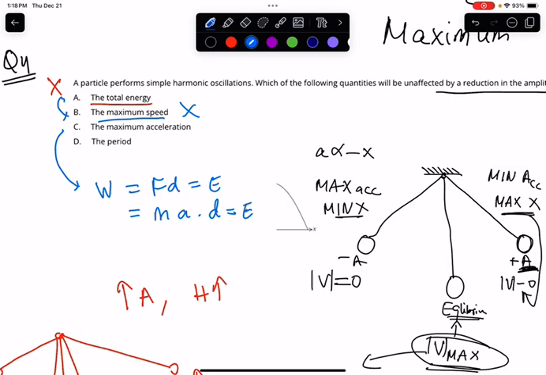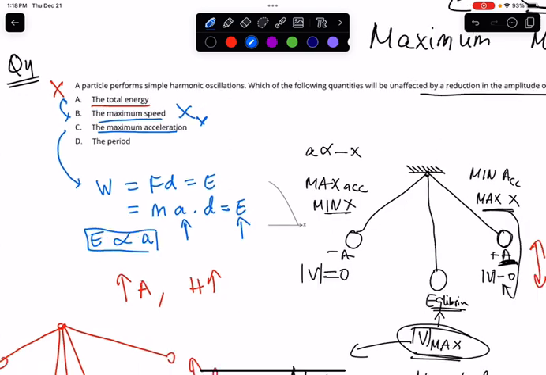So that's why, as you can see, if your total energy is going to go higher, then your acceleration will also go higher. Okay? So the energy is proportional to the acceleration in this case. So therefore, even the maximum acceleration is not your answer, right?